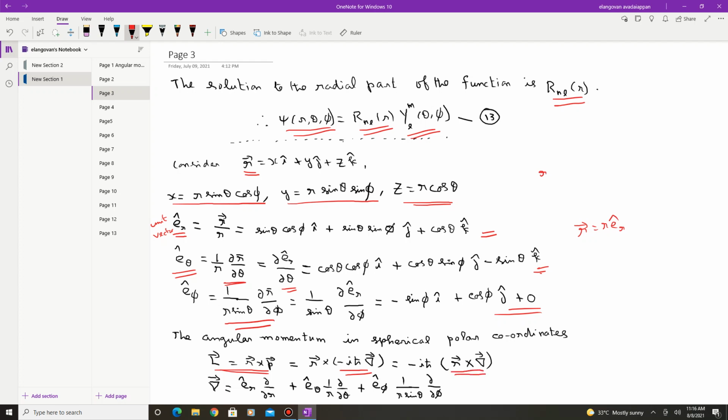Now, let us express del in the spherical polar coordinate system. In the spherical polar system, the del operator is e suffix r d by dr plus e suffix theta 1 by r d by d theta plus e suffix phi 1 by r sin theta d by d phi.